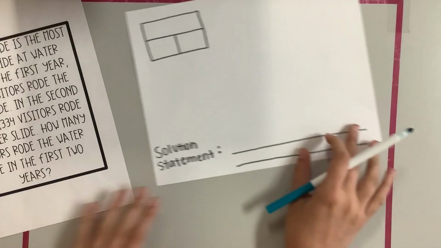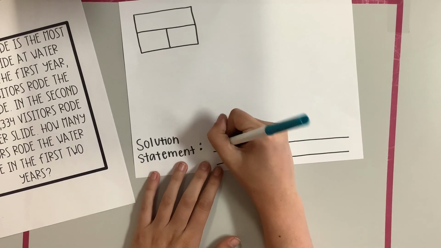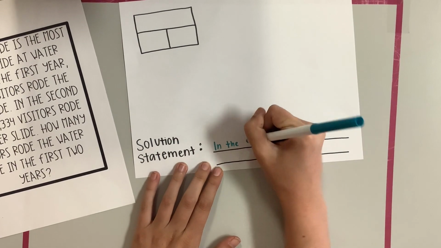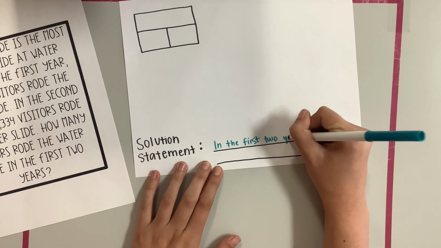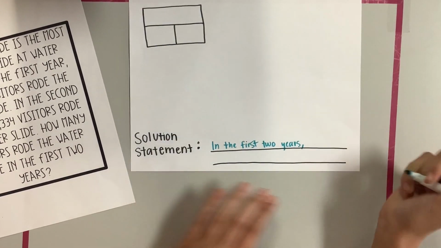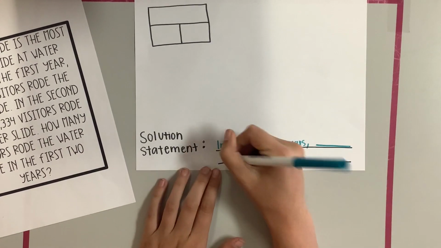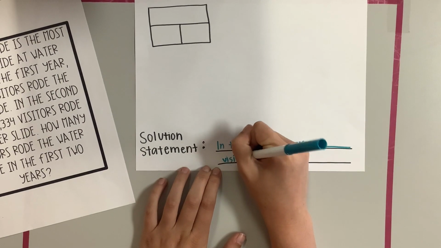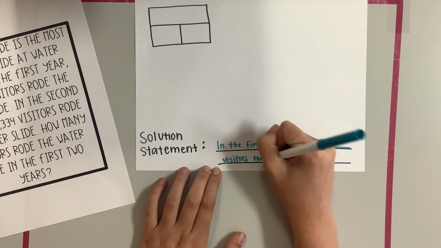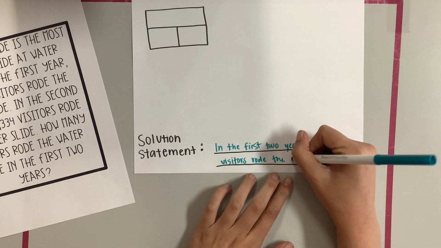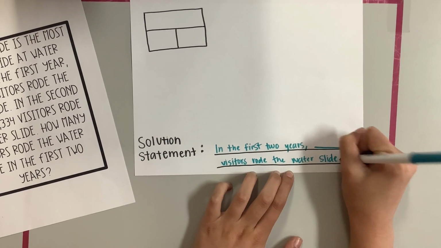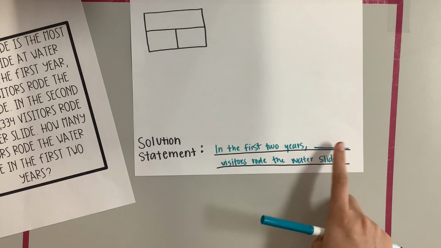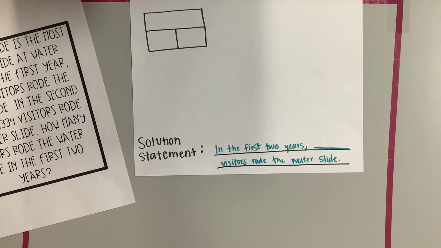I will answer by saying, in the first 2 years, blank visitors rode the water slide. So now once we get my answer, we should be able to plug it into the sentence and it should make sense if we solved our problem correctly.